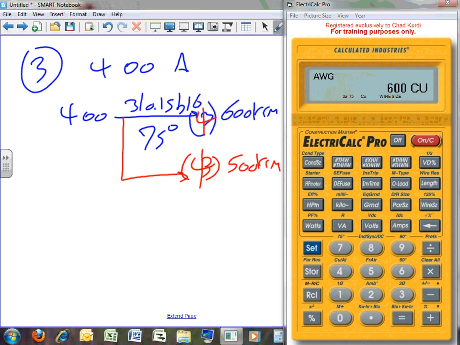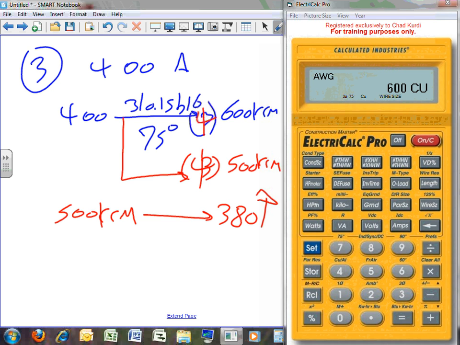Is this okay to use? Yes. What is the 500 kcm, guys? A 500 kcm can give you 380 amps. Ask yourself, what is the next standard overcurrent protection device?